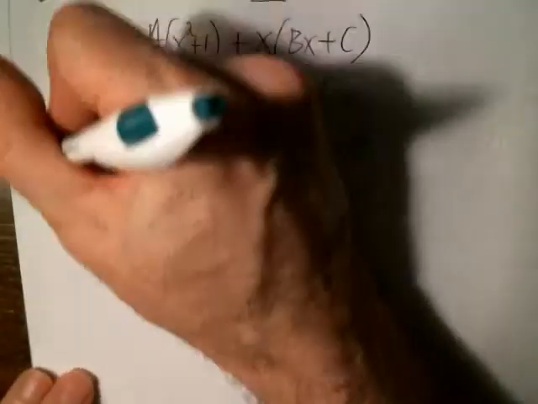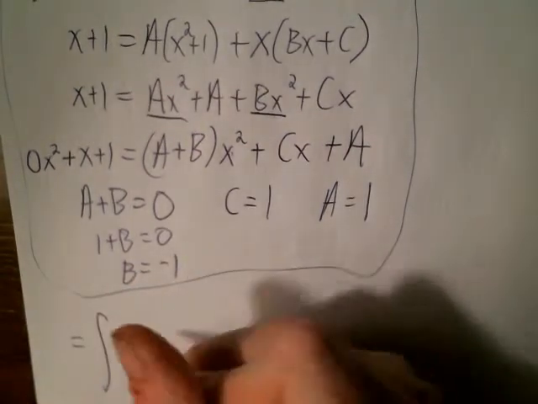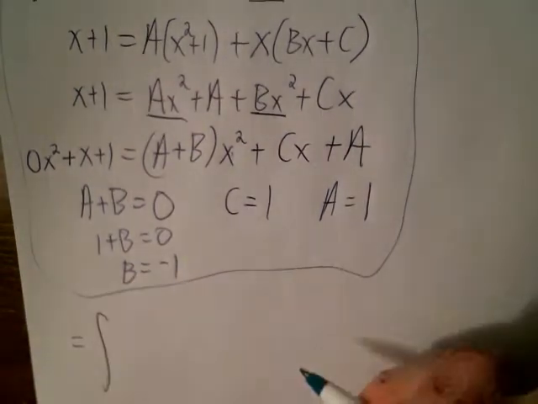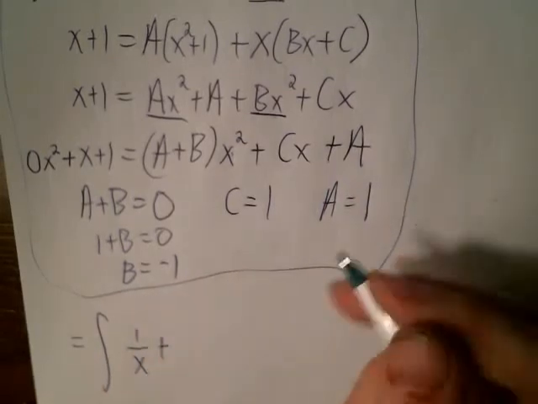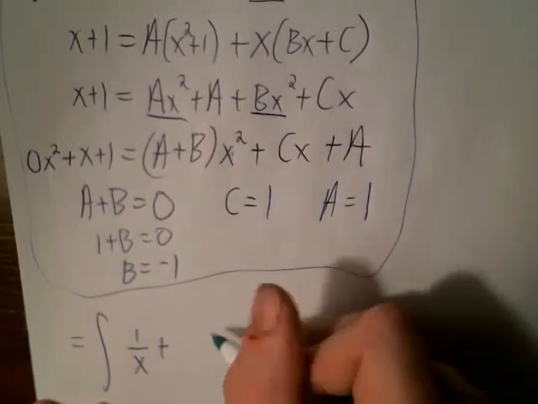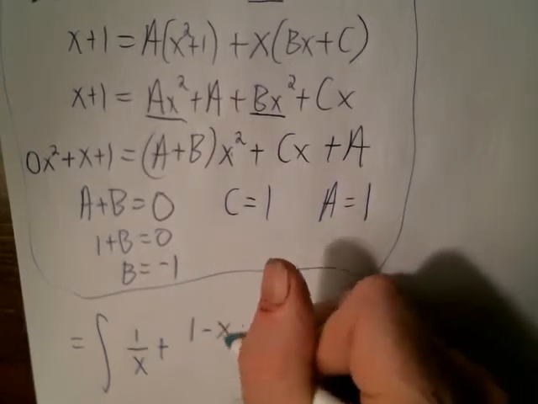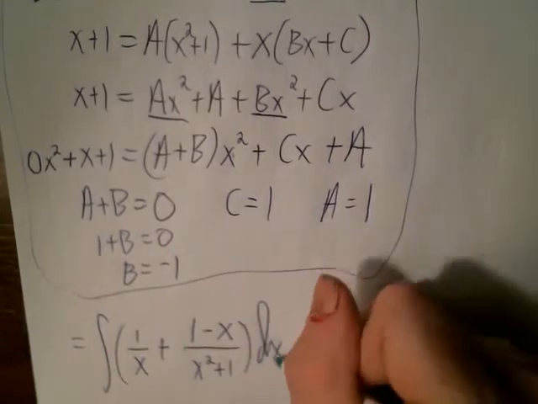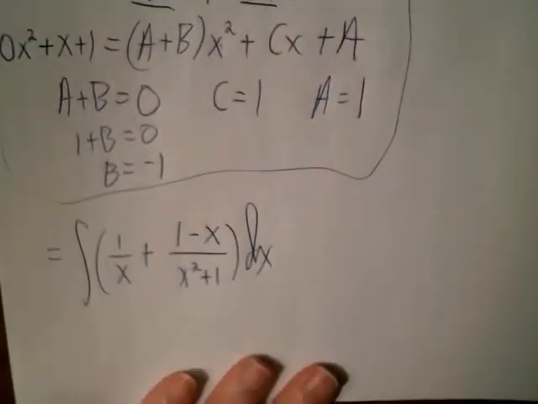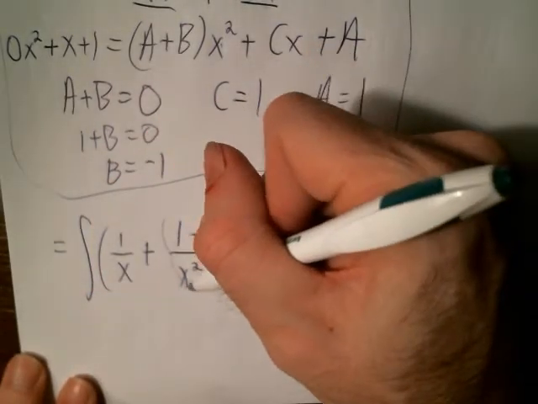Okay, so I can rewrite my integral as 1 all over x plus -x bx plus 1. I'm going to rewrite that as 1 minus x all over x squared plus 1. Okay, the first guy is a natural log. This guy is a mix, right?